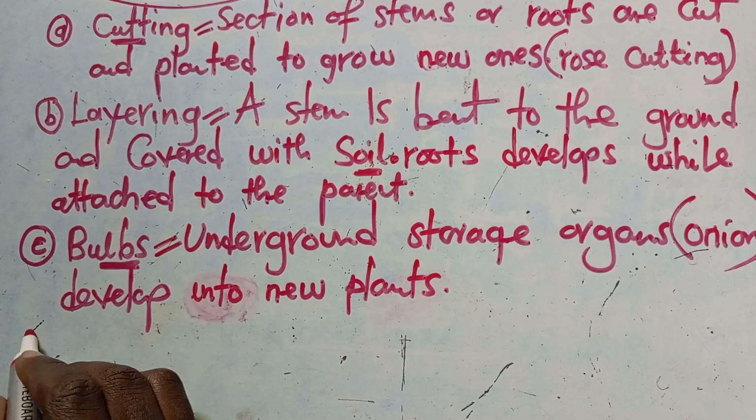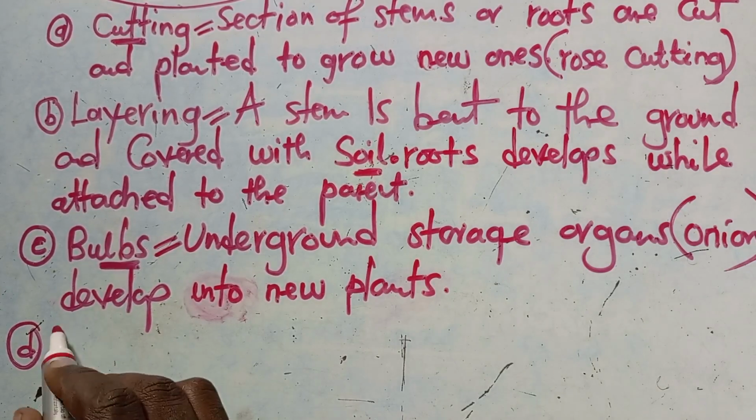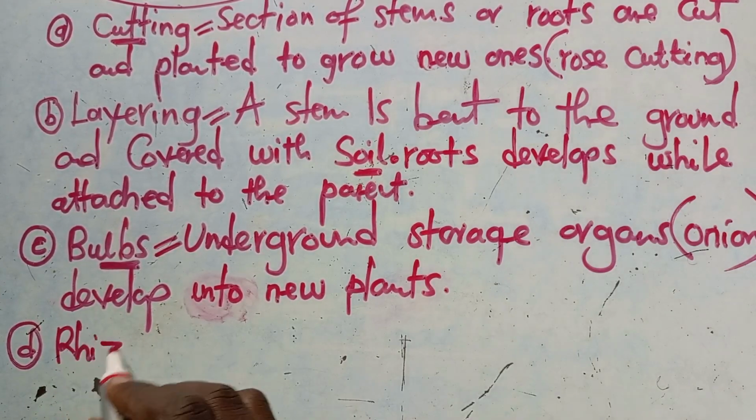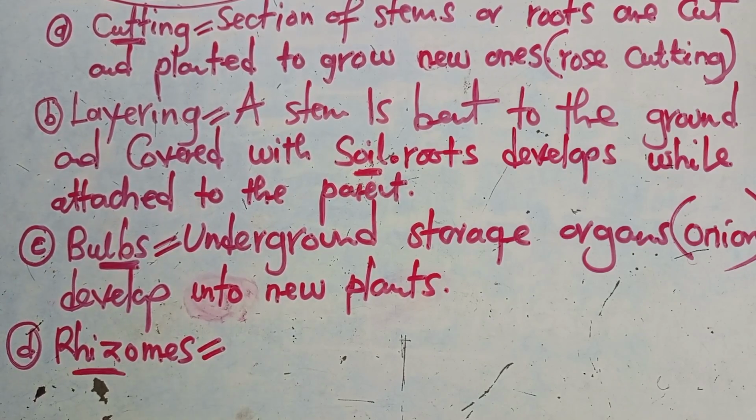There is also another part that undergoes natural vegetative propagation, called rhizomes. I gave you some diagrams on this part, so this is something you already know. The horizontal underground stems produce new shoots, like ginger.